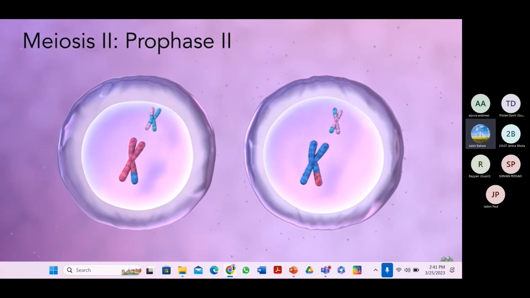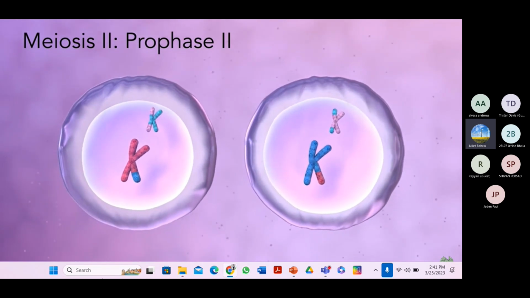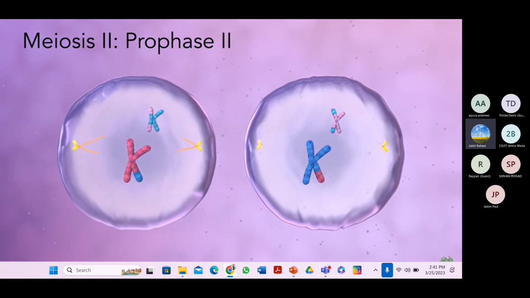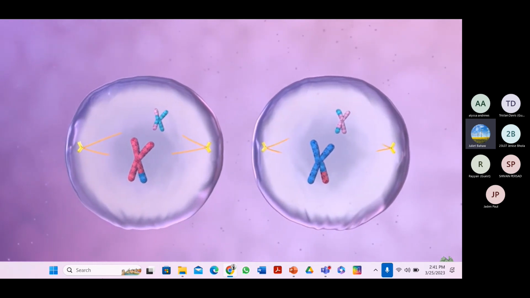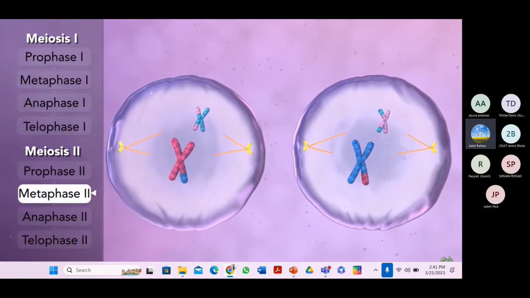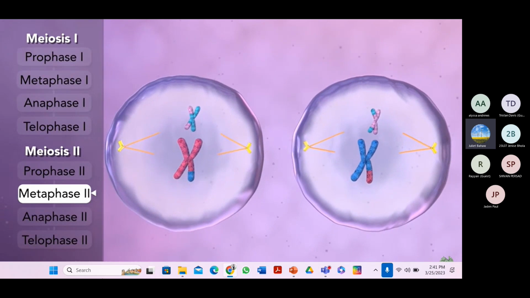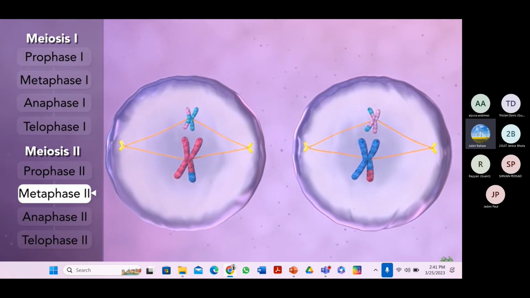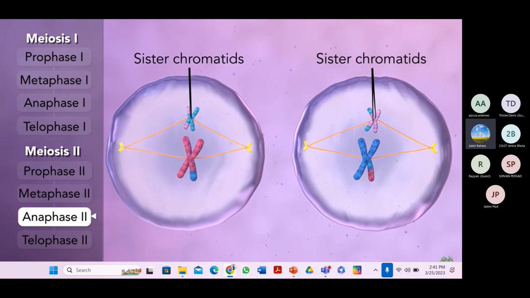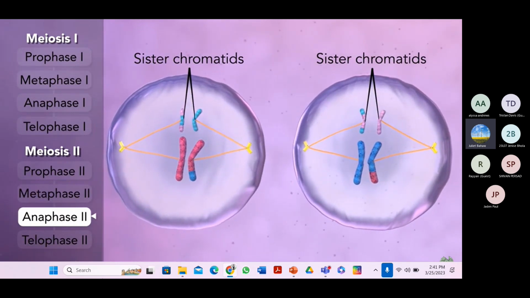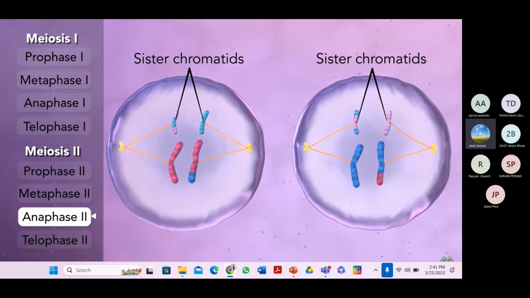Once again, in prophase II, the nuclear membrane disappears, and spindle fibers fan out from the 2 sets of paired centrioles. During metaphase II, the chromosomes in each cell line up at the equator and attach to spindle fibers from both poles. During anaphase II, the sister chromatids of each chromosome separate and move to opposite poles.